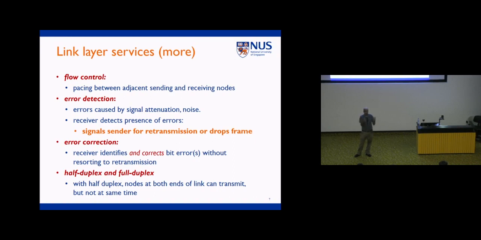So you may transmit at a high power here from your antenna, let's say. By the time it reaches the receiver, because of attenuation in the channel, the received power is very, very small. So sometimes it becomes difficult to detect what you send. And also, you're susceptible to interference from others.